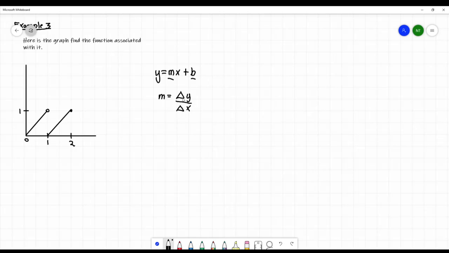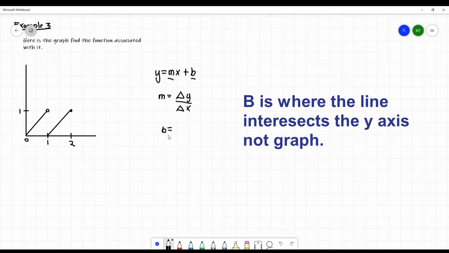And to find b, b occurs when x is equal to 0, because b is where the line intersects the y-axis.